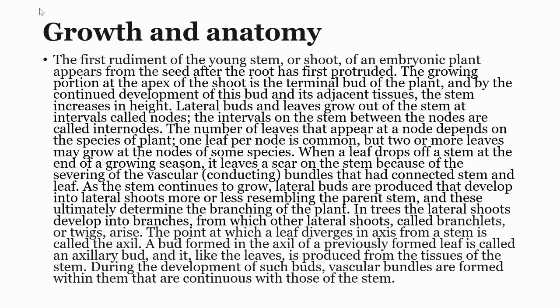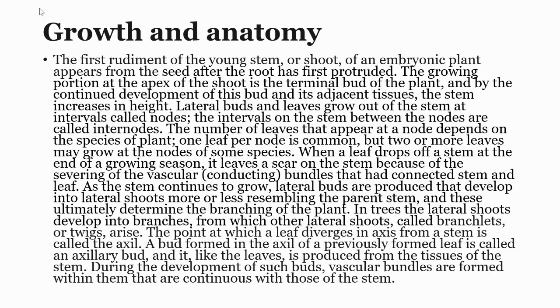Growth and anatomy. The first rudiment of the young stem or shoot of an embryonic plant appears from the seed after the root has first protruded. The growing portion at the apex of the shoot is the terminal bud of the plant, and by the continued development of this bud and its adjacent tissues, the stem increases in height. Lateral buds and leaves grow out of the stem at intervals called nodes.